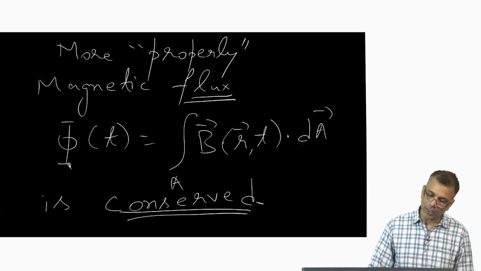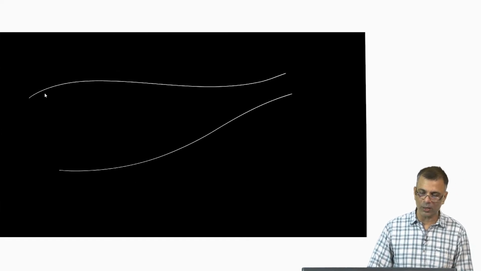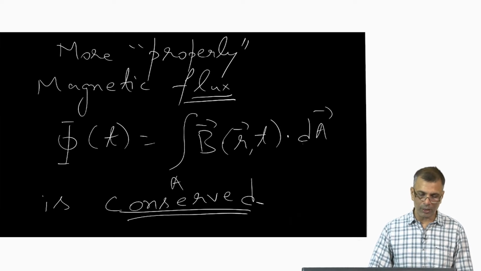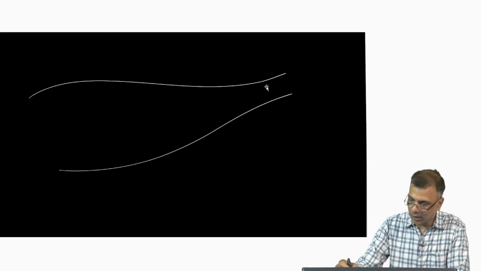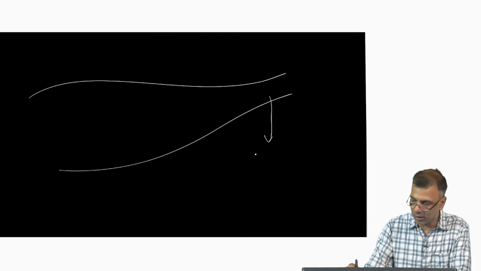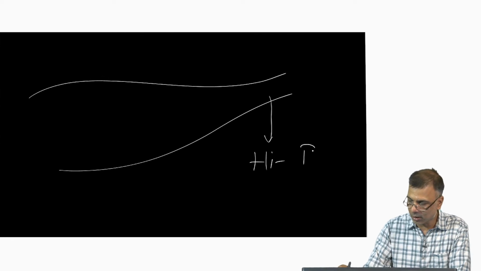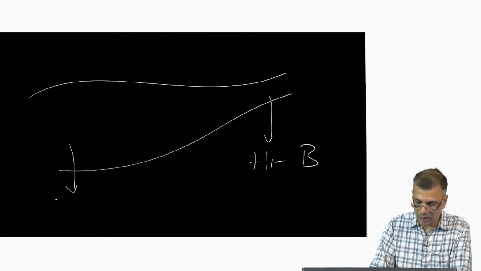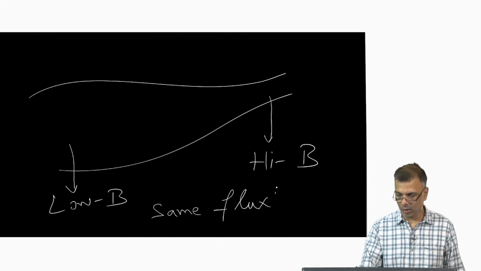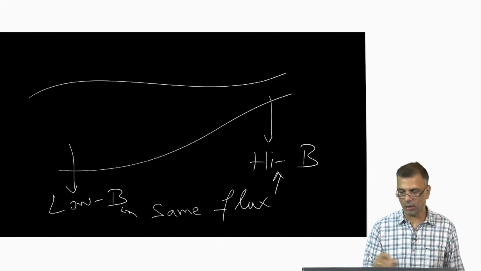And if the area is smaller, and the flux has to be constant, then the magnetic field has to be larger. Therefore, if the flux has to be the same as what it was out here, the magnetic field itself out here is high B, relatively speaking, and this would be low B. Why? Because same flux here and here.